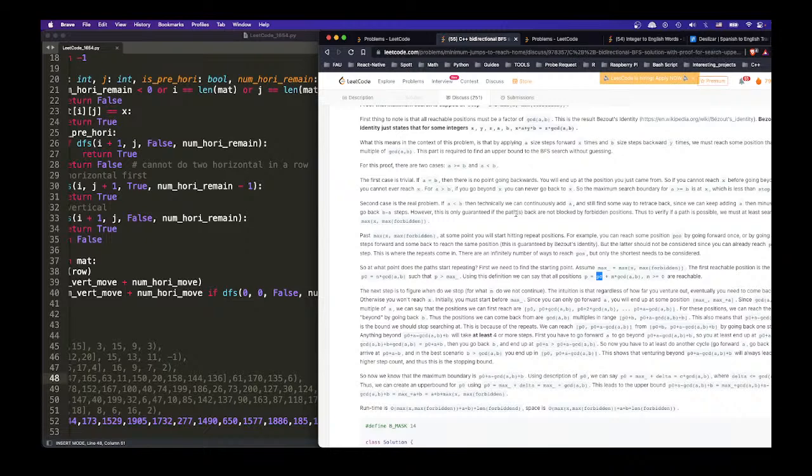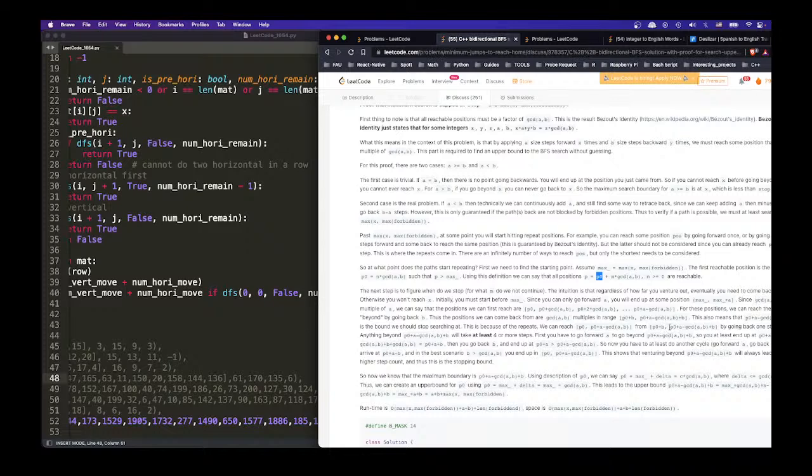Plus A minus GCD. Now, A is a multiple of GCD. I think that's what it means, not the other way around. A is a multiple of GCD AB. That is true.